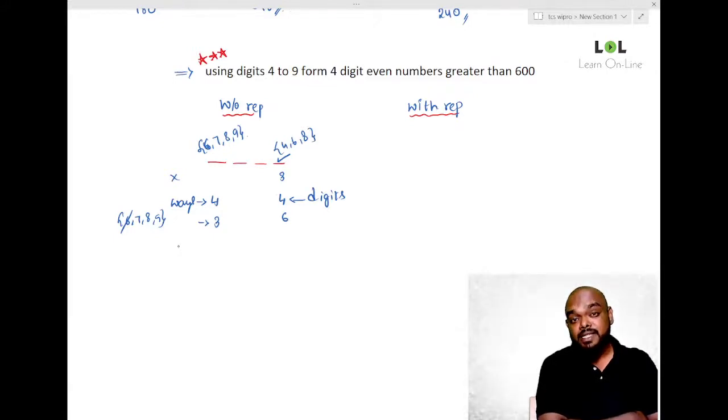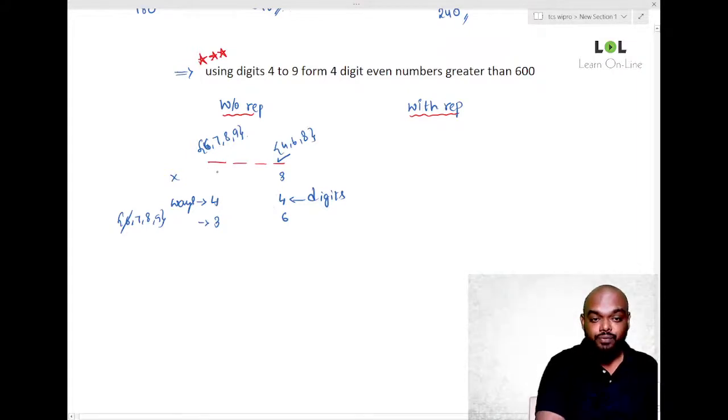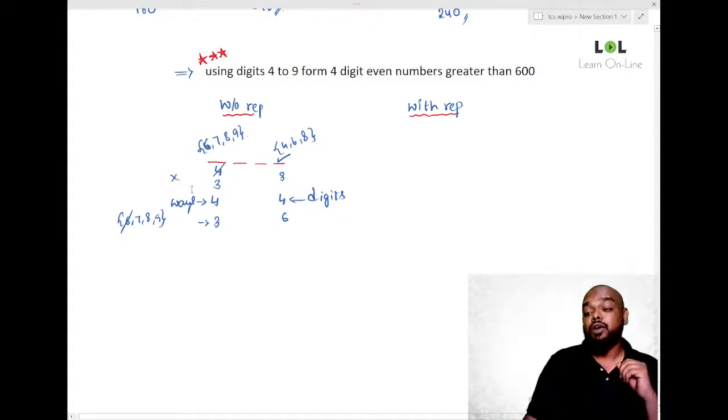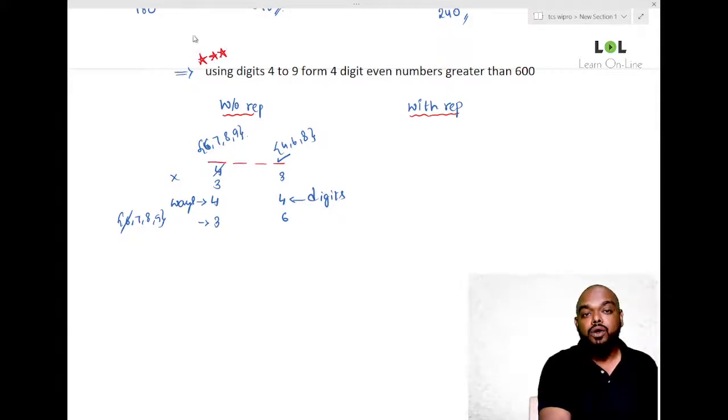In the units place, if I have used 4, in the thousands place all the 4 digits 6, 7, 8, 9 are available. I can fill that place in 4 ways. But if in the units place I had used a digit 6, I cannot fill it in 4 ways. Here I can fill it in only 3 ways, because I cannot use a 6 anymore. So I cannot start from units place.